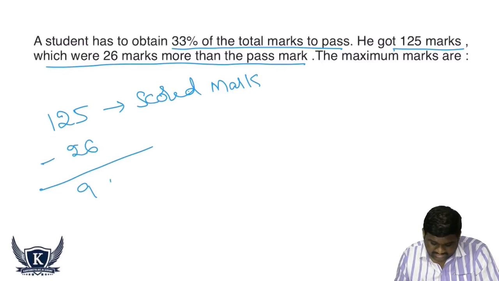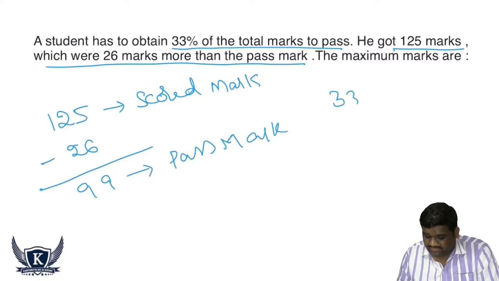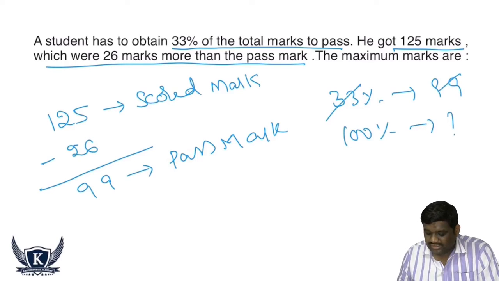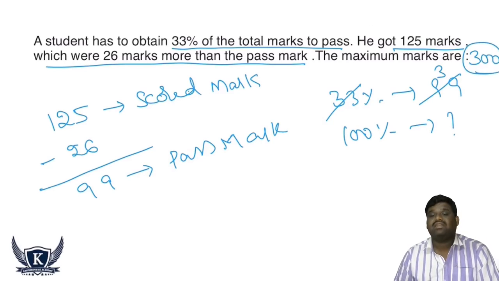It is 99. 99 is the pass mark. Now, if 33% is 99, what is 100%? That is the question. 33 will cancel in 3 times. So 100 into 3 is 300. So the total maximum marks are 300 marks for this question.